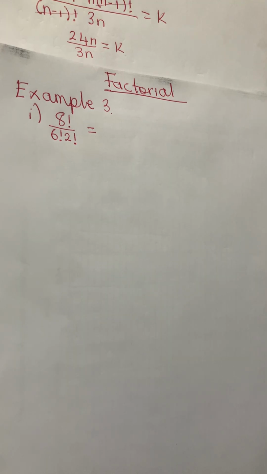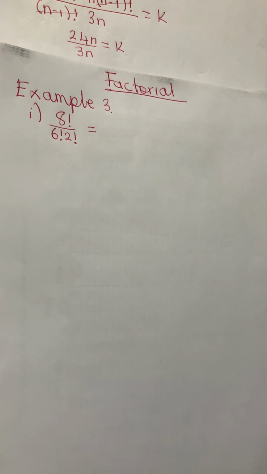Looking at our third example, we have 8 factorial over 6 factorial multiplying 2 factorial.